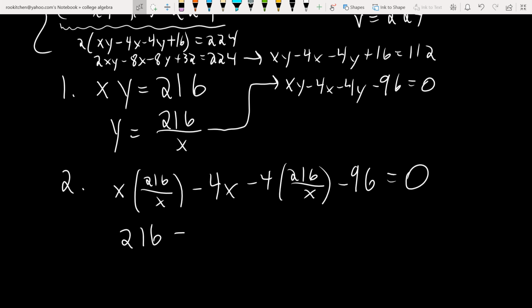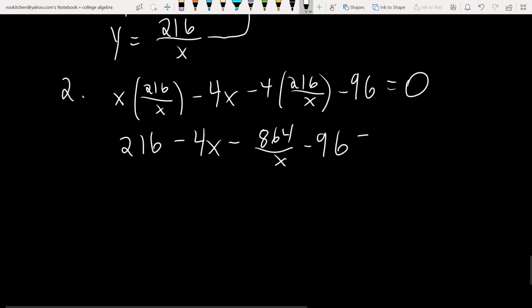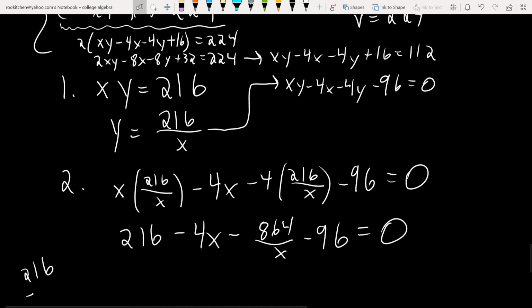So the x's cancel on that first one. You get 216 minus 4x minus 864 over x minus 96 equals 0. Then I can combine some like terms. I'm a little worried, I did some of these calculations in my head.